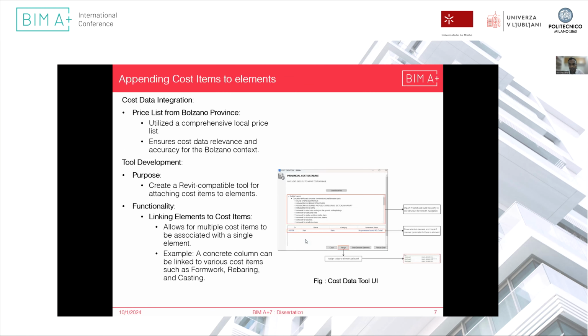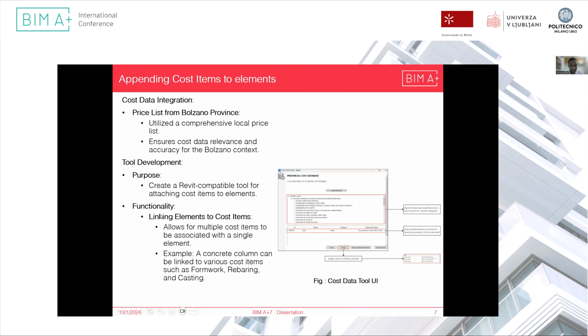After having the precise formwork quantities, the next task was to add the cost related data inside the model. So for this, we created a tool inside Revit using Revit APIs. The main task of this tool was to use the local price list from the Bolzano region, and from that we can append the cost codes inside an element.